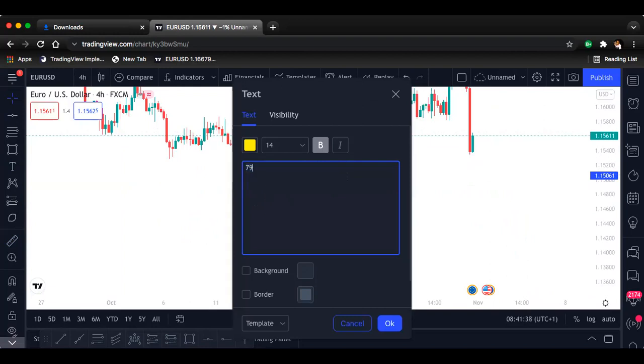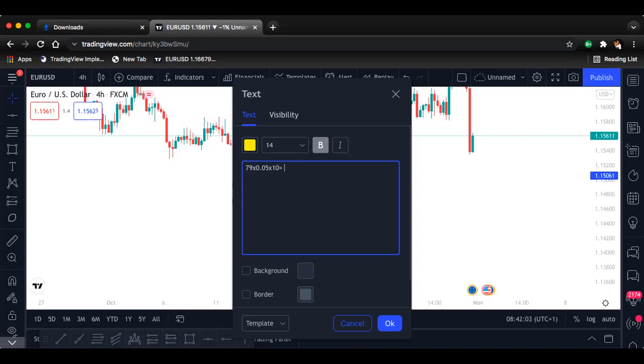That would be 79, depending on the lot size you're using. Let's say we're using a lot size of 0.1, for instance. That will be multiplied by 0.1. Actually, 0.1 might even be too much. Let's say 0.05 times 10, so this would be 0.5 times 79.